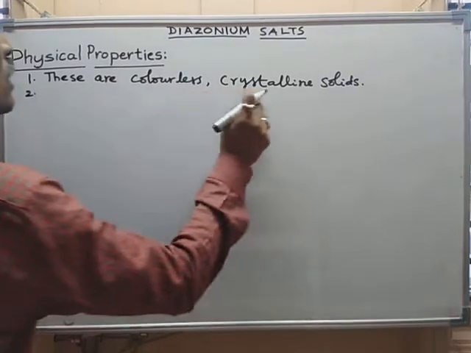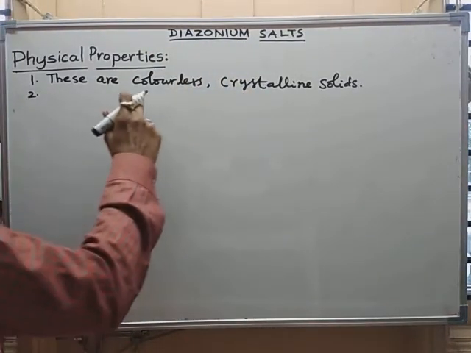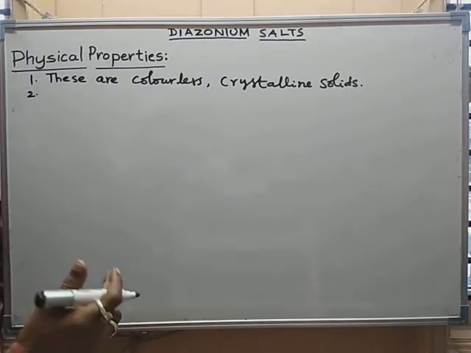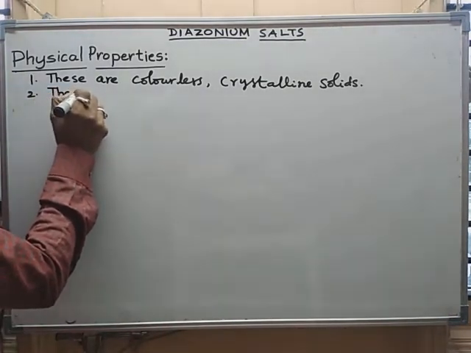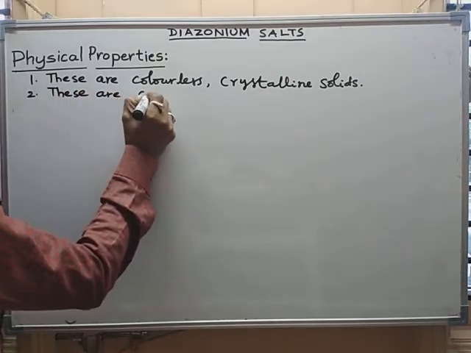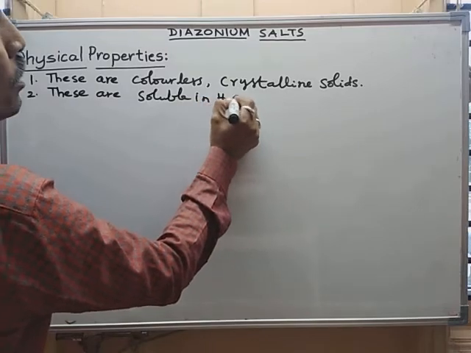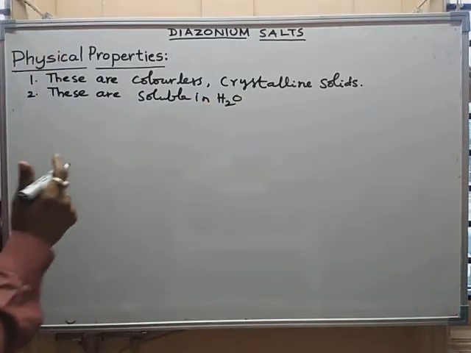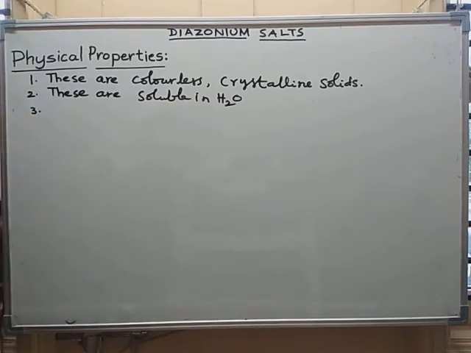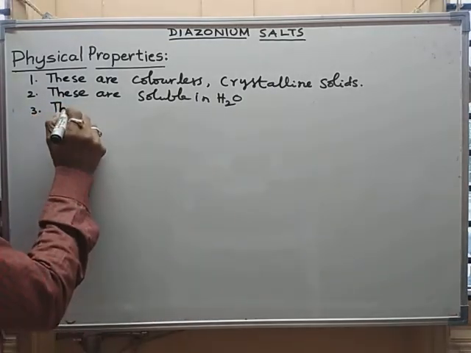As being positive charge and negative charge, therefore as solids they are soluble in water. These are soluble in water. Why? Due to polarity, being salts. Next, these are stable at low temperatures, 0 to 5 degrees centigrade is maintained.